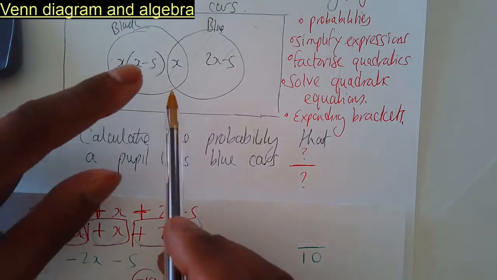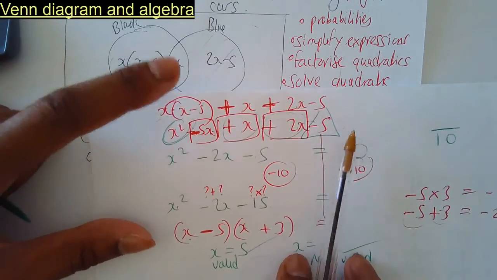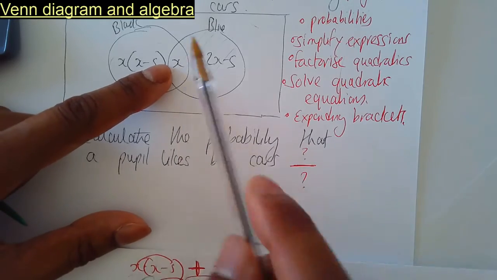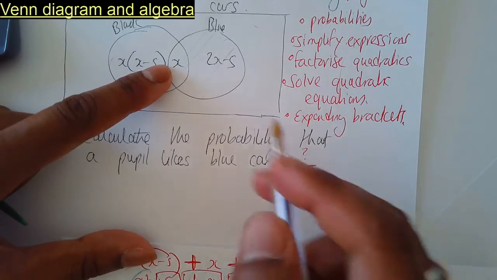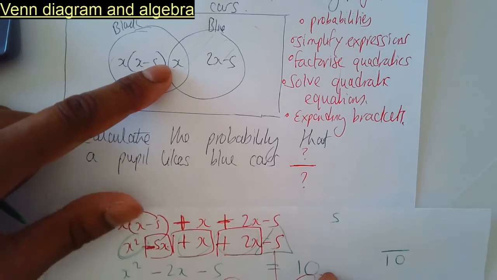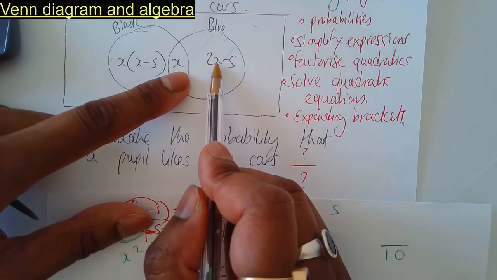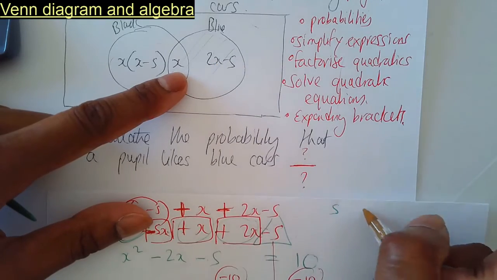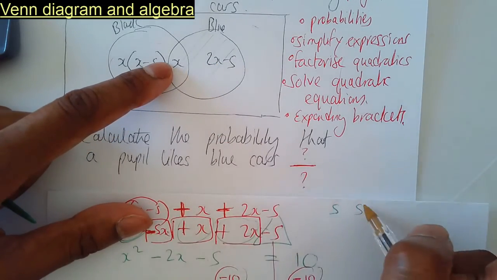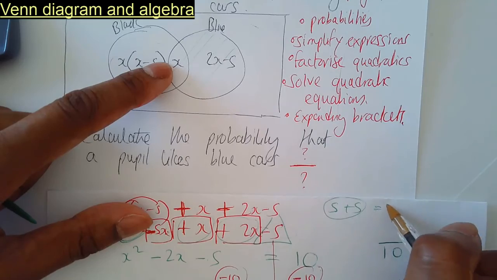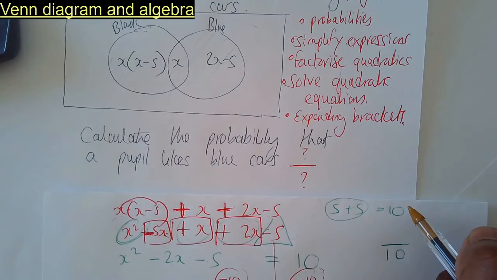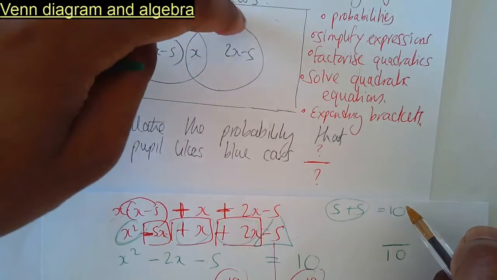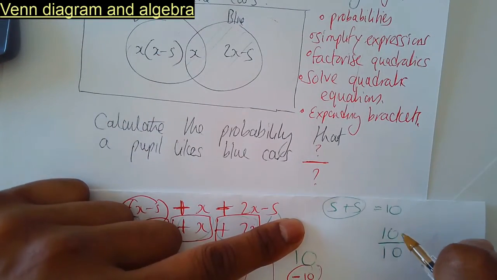Replace the x with 5, the valid number. That's 5. Replace x with 5 here as well. 2 times 5 is 10. 10 take away 5 is also 5. So 5 and 5, that makes altogether 10. So everybody likes blue cars.